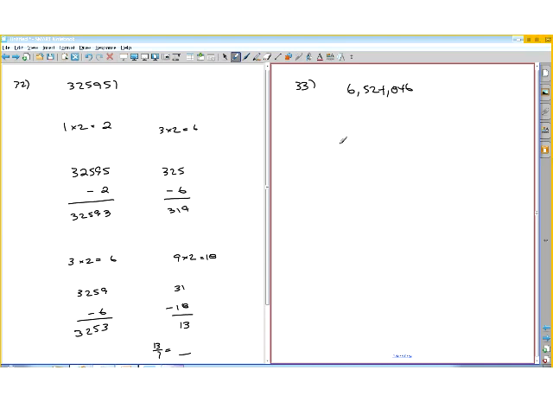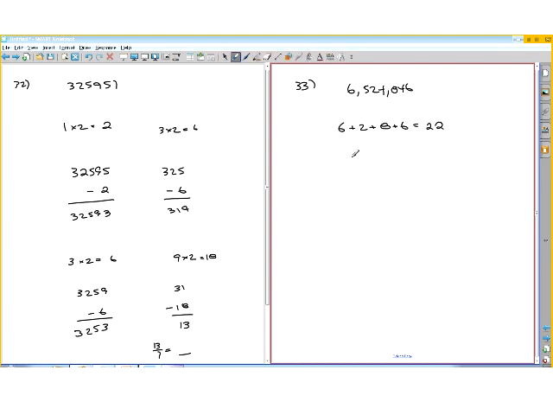So let's try it, see if we can do this without cheating now. Start at the left of the given number. Add together every other digit. So 6 plus 2 plus 8 plus 6. That's 8 plus 8 is 16 plus 6 is 22.